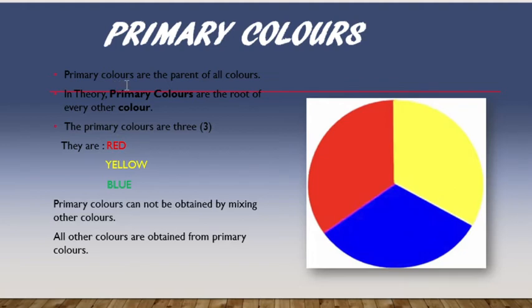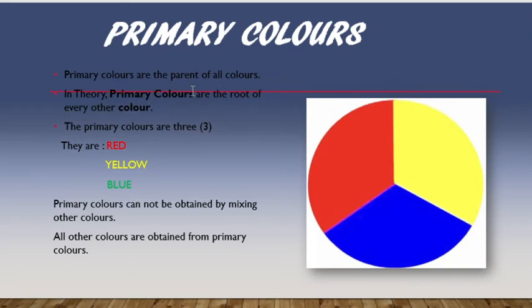So primary colors are the parents of all colors. This is a very simple definition that can be given to primary colors. And then in theory, primary colors are the root of every other color.